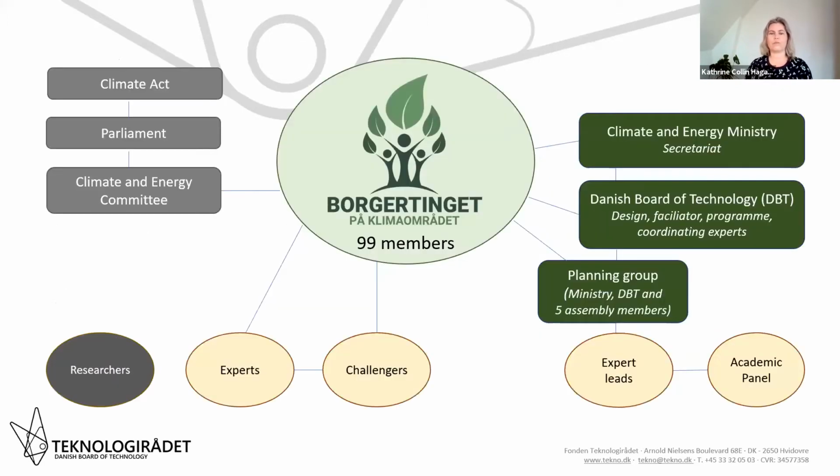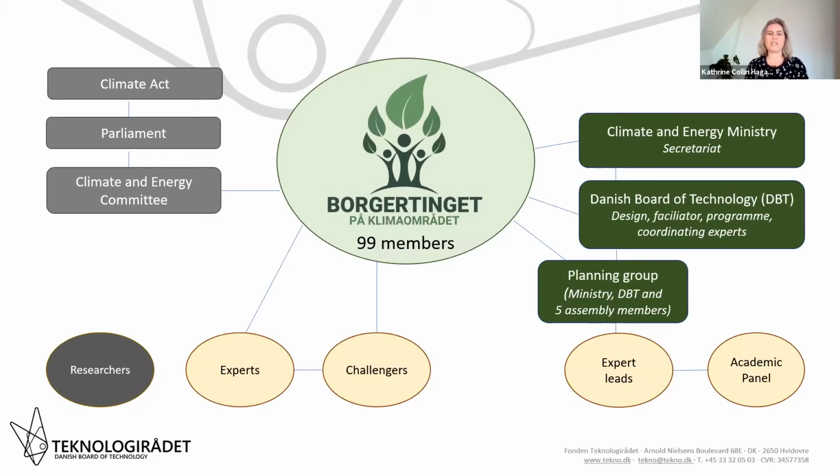This shows you in brief, I'll not go so much into detail, the whole organization around the Climate Assembly, just to show that we have 99 randomly selected members of the Assembly. It was commissioned by the Parliament, through a Climate Act that was adopted in Denmark in 2019.